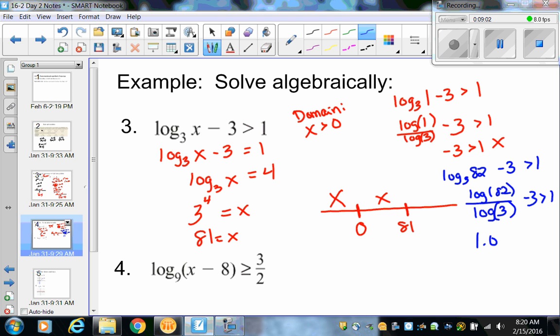And you should get 1.0111 greater than 1, and it is. So now I can see it's everything to the right of 81. There's no equal sign, so it's parenthesis 81, and everything to the right would be going towards positive infinity, and you can never equal infinity.